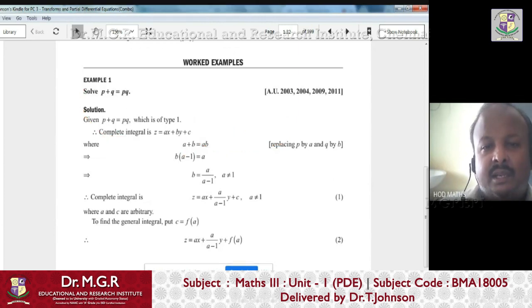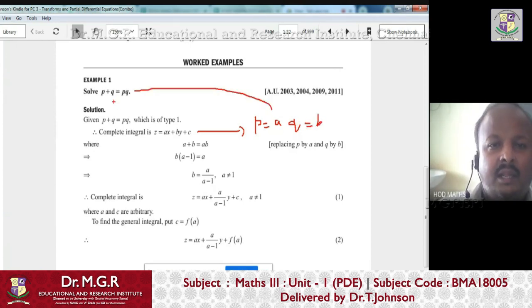Then we will get a relation A plus B equals AB. How does this relation come? From P equals A and Q equals B, substituting in the original equation, you get this relation.